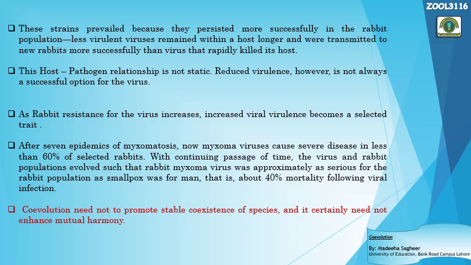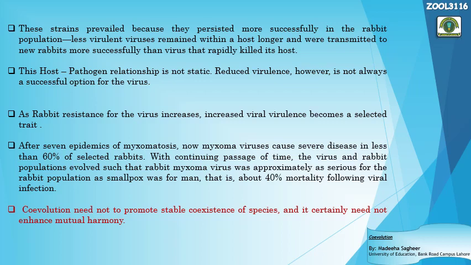This is another step. So now, what is the current situation of this coevolution process? I'm going to read from here, okay? After 7 epidemics of myxomatosis, myxoma viruses now cause severe disease in less than 60% of the selected rabbits.